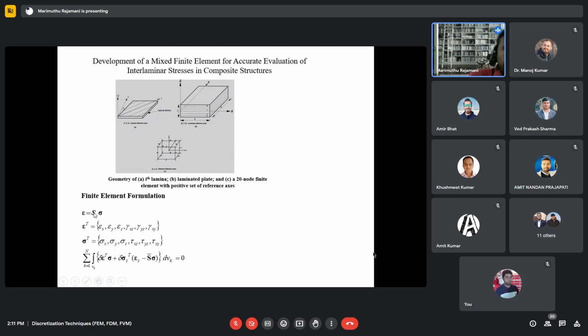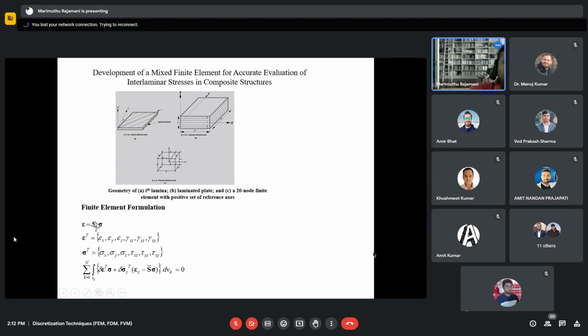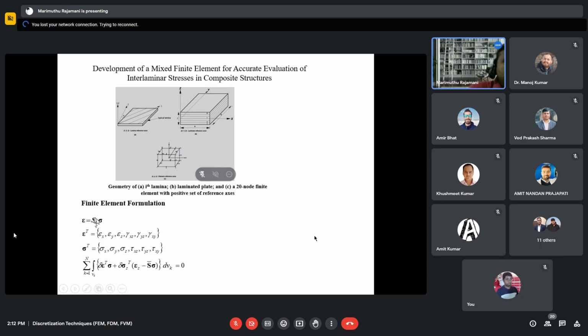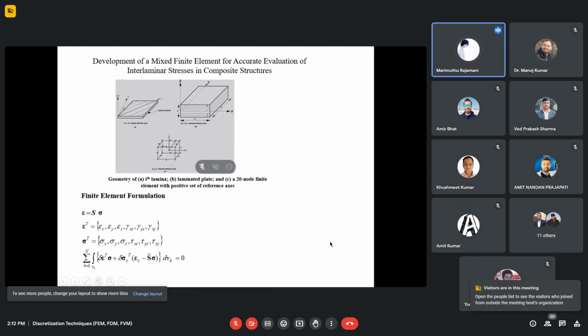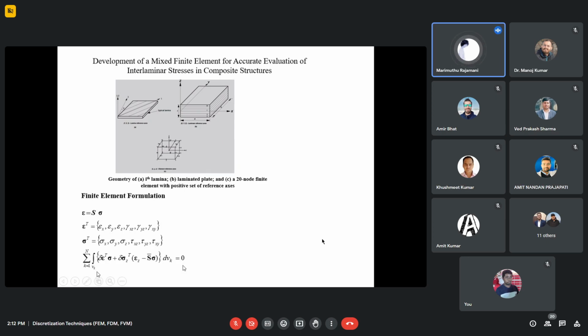Now, we know this is a compliance matrix. So far I was talking about compliance in terms of C. Now, k equal to 1 to n, where n is the number of layers considered, and integration over Vk is the kth layer considered, and dVk is the volume integration.